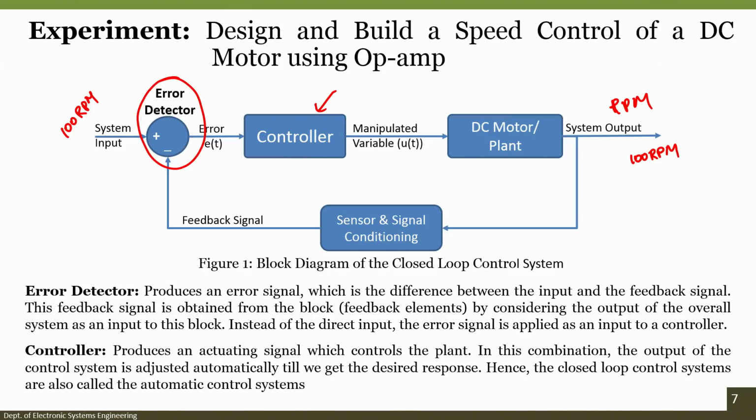But as we are designing a complete analog control system or electronic module, it is very difficult for the system to understand units of RPM. So whatever input is provided to the system should be in terms of voltages.